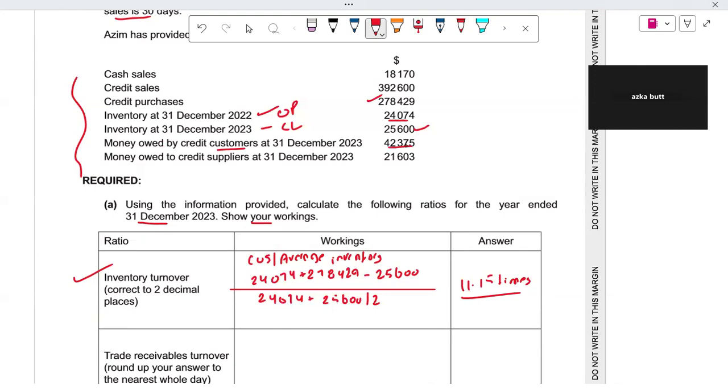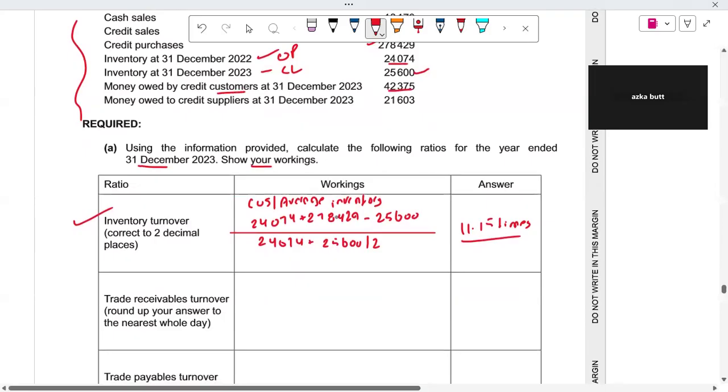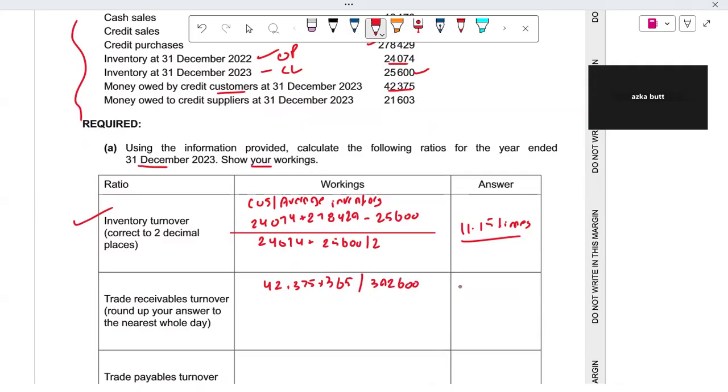We need to multiply it by 365 and we will divide it by the current sales. This is the formula. So 42,375 multiplied by 365 divided by 392,600. And we have the answer, which is 40 days.